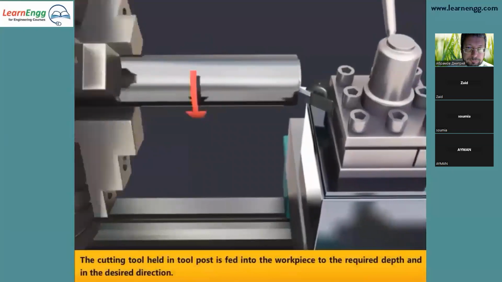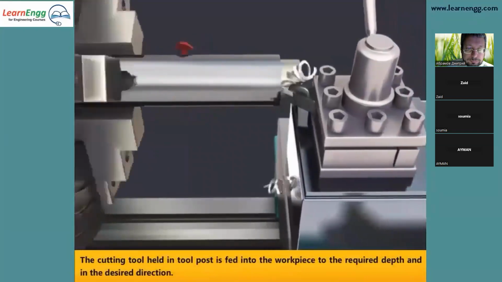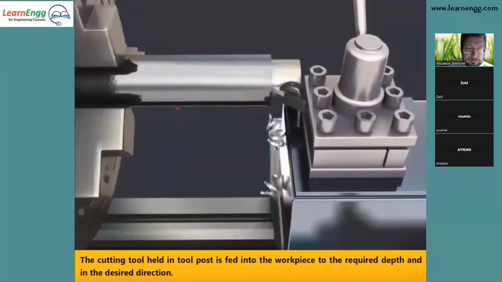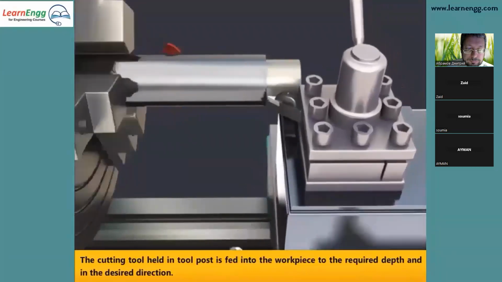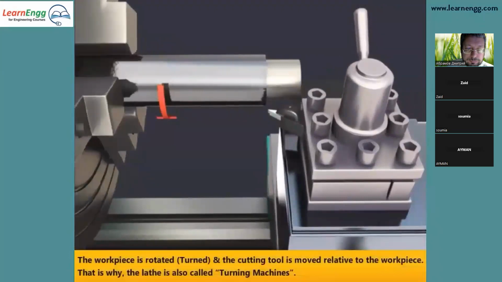The cutting tool held in the tool post is fed into the workpiece to the required depth and in the desired direction. The workpiece is rotated and the cutting tool is moved relative to the workpiece. That is why the lathe is also called a turning machine.